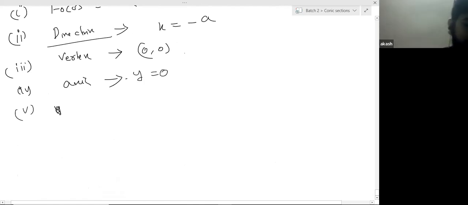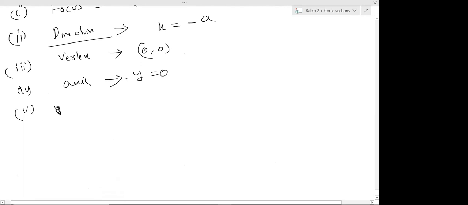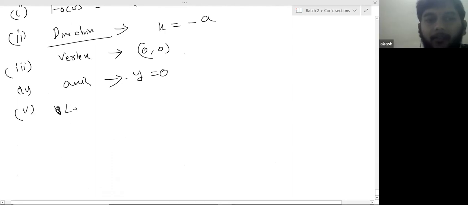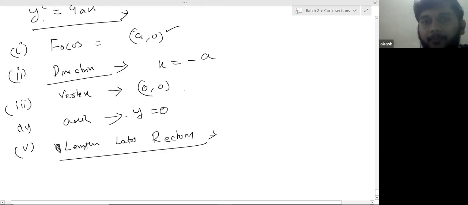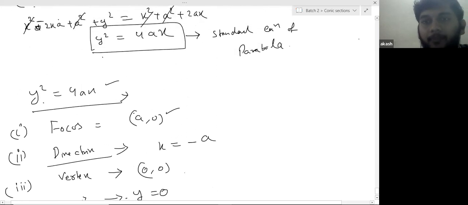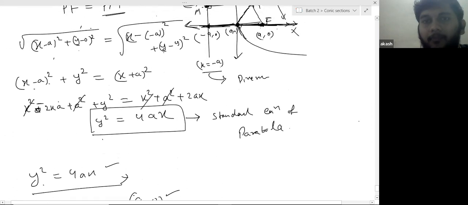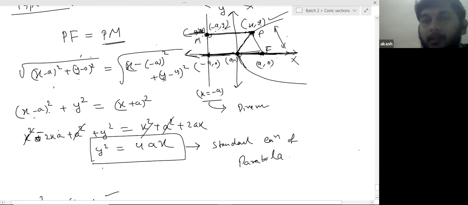Clear? There is another thing, length of latus rectum. Now what is latus rectum?